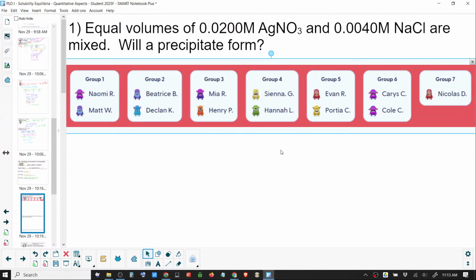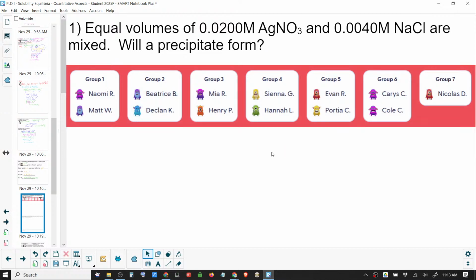Find your partner. Use those numbers, come up with the equation, do the calculation, compare to the KSP. Erase all previous work on the board.